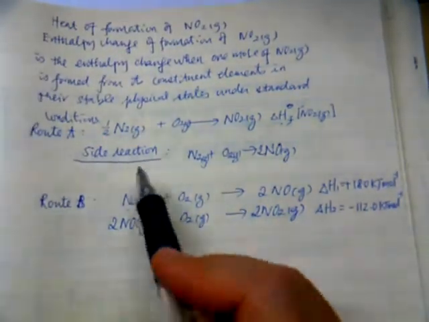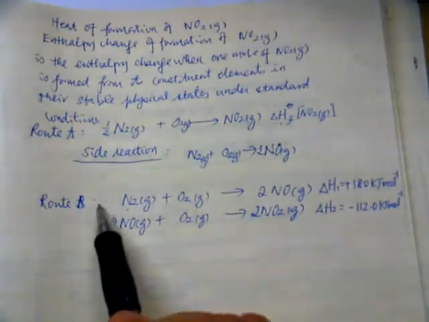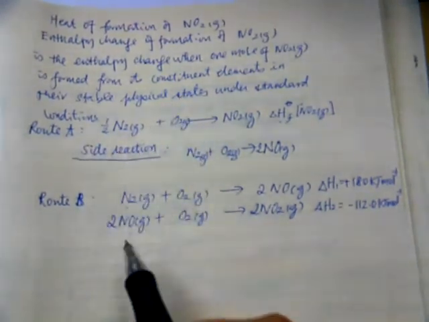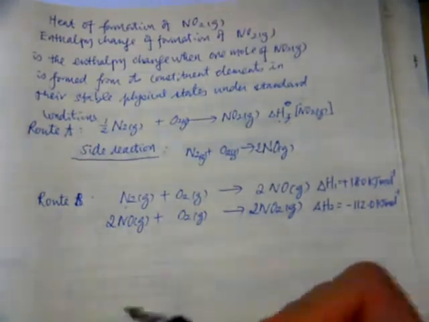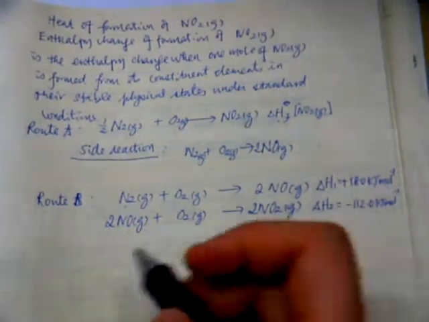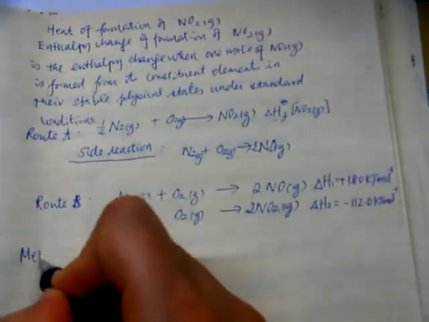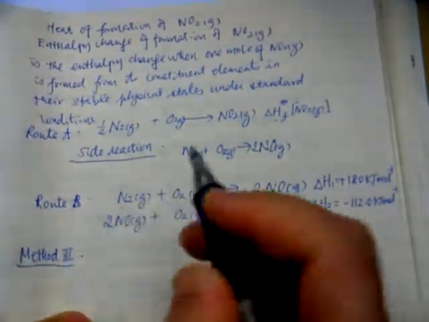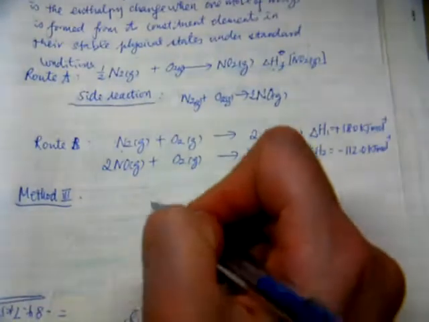Now, how do we relate these two equations together with route A? I will show you all the methods. I show you method 3 first, that means by summation.